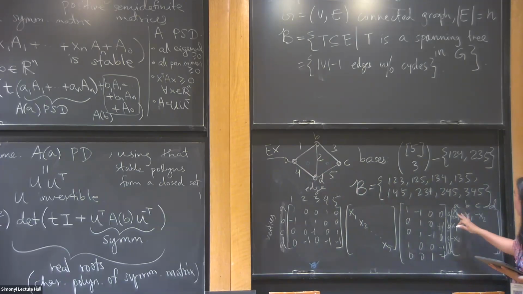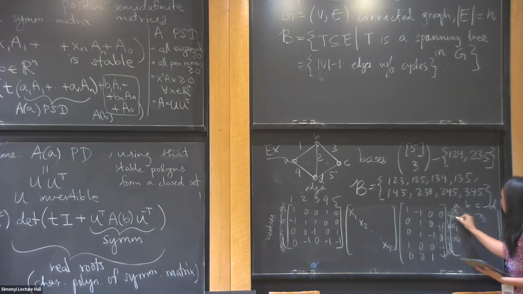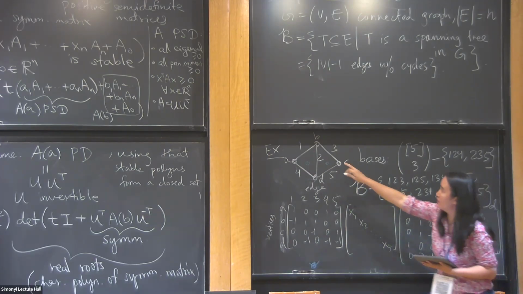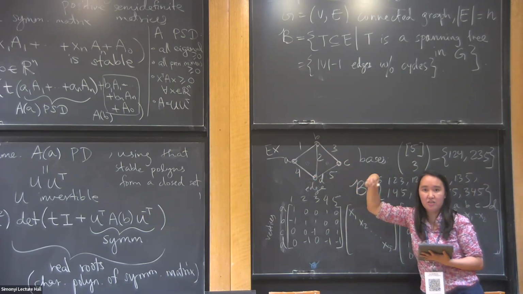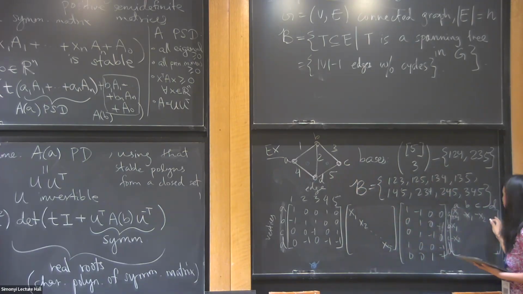And then what is the determinant of this 4x4 matrix? My diagonals correspond to the degree. It's the sum of all the edges coming out of it. And in the off diagonal, I have either the variable or 0, depending on whether there's an edge or not.